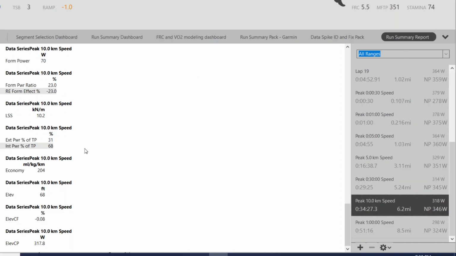External power is theoretically what's moving the legs and moving the body, the center of gravity forward, where internal power is moving the limbs relative to the center of gravity, meaning how much you're swinging your arms, et cetera.